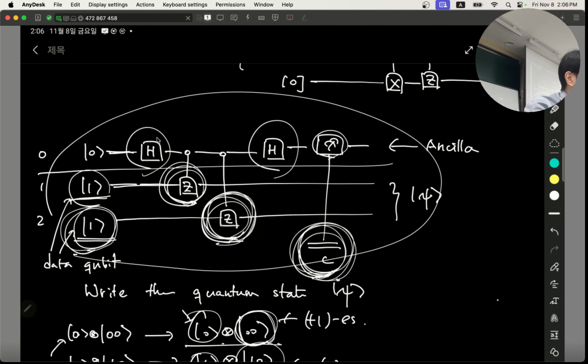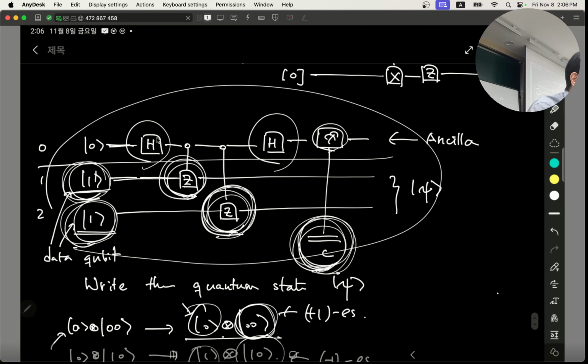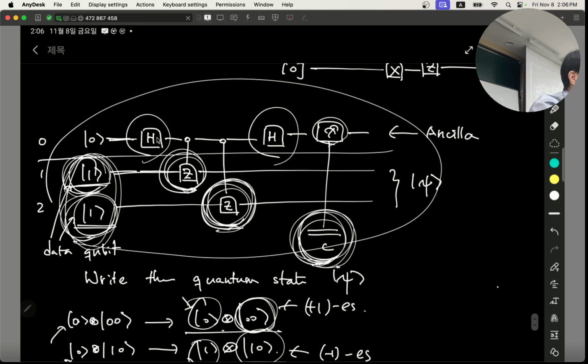It takes the -1 ket to -1 ket, and this one also takes the 1 ket to -1 ket. So it's -1 times -1, which is a plus. So when you take this whole thing as a 2-qubit state, this 2-qubit state is the +1 eigenstate of these 2 Z gates. That's why we have a measurement outcome of 0.